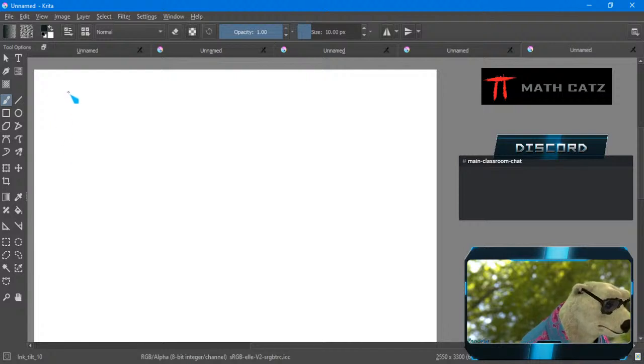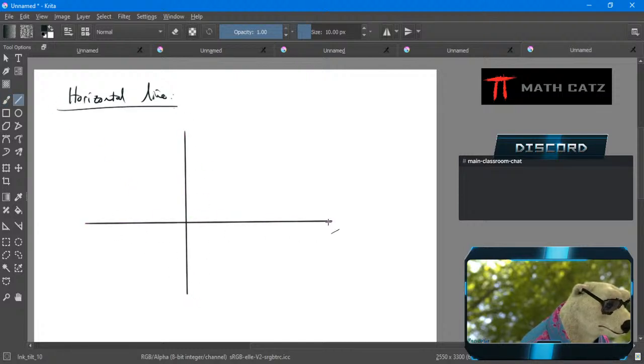So we have two special kinds of lines: horizontal straight line. I'll graph it. No, oops. I'll just use an example. Where is my pen? My pen is gone.